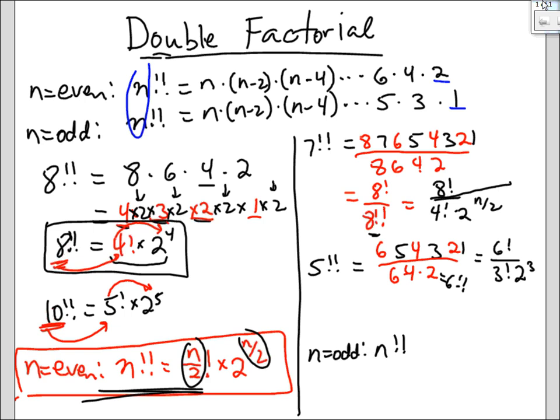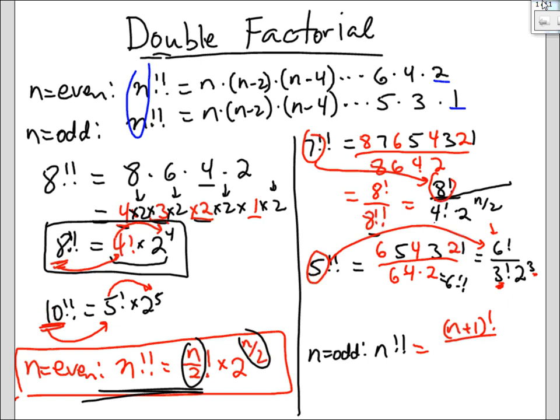For example, how do we go from 7 to 8, and from 5 to 6? The answer is we add 1 factorial. And in the bottom, if this is 6, you put half of 6 here and here.